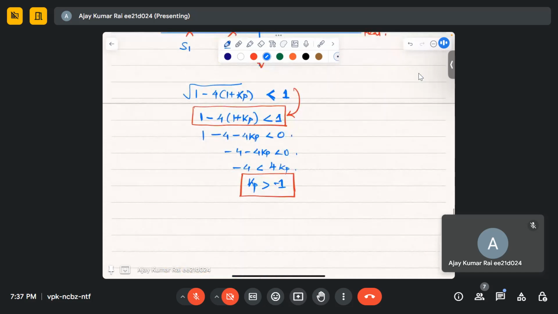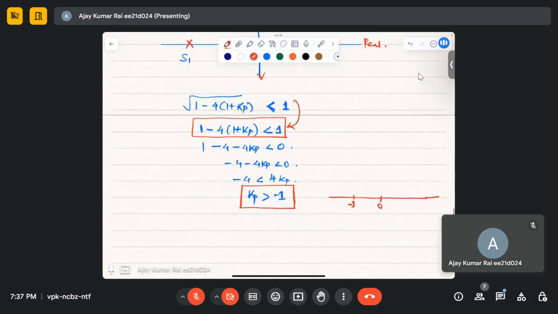The second one says, if I draw Kp, this is 0, this is minus 1, and this is somewhere here, it will be minus 3 by 4, I think. This is the plot for the second, so this is Kp.